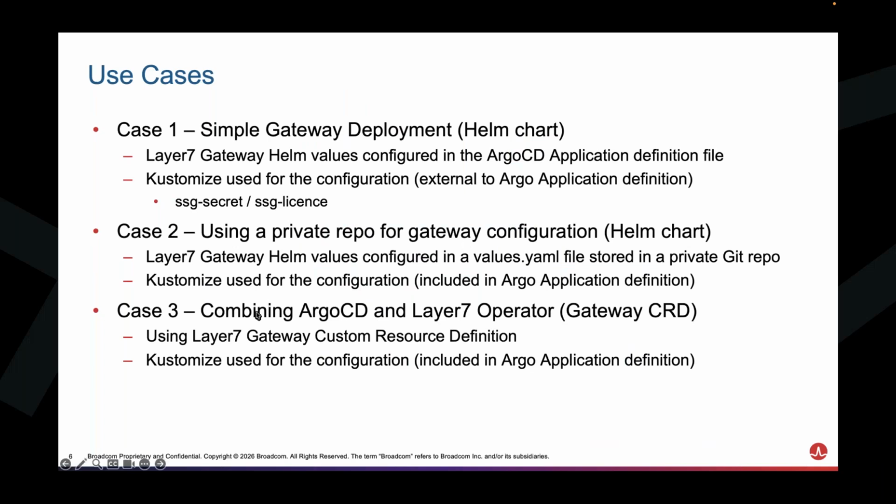The third use case is the most advanced and the most interesting one, because it combines the usage of ArgoCD together with the Layer 7 operator. We have an operator that manages the gateway and repository custom resource definition files. So what we do here is we use the Layer 7 custom resource definition file, and Kustomize is used for the configuration that is also included in the Argo application definition.